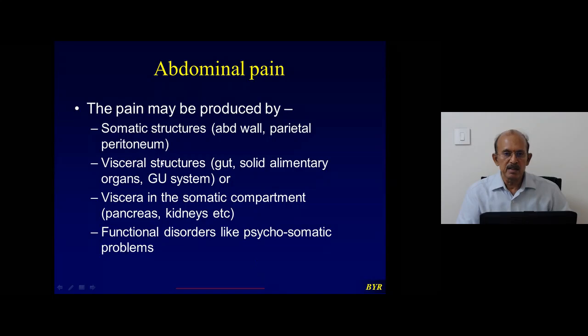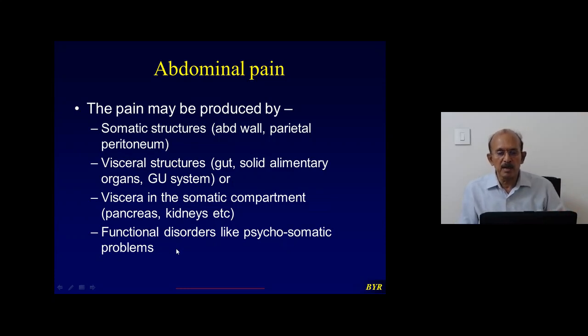In addition to this, pain can be produced due to functional disorders like psychosomatic problems. A patient may be having some psychosomatic problem, that is, he may be having some severe depression due to some problem. So with that depression, the patient may feel pain, or he may feel dyspepsia, he may feel even diarrhea, or he may get anorexia, nausea, and vomiting.